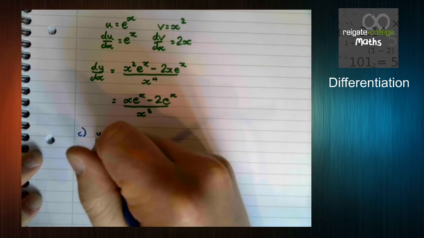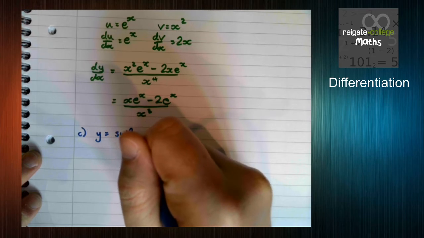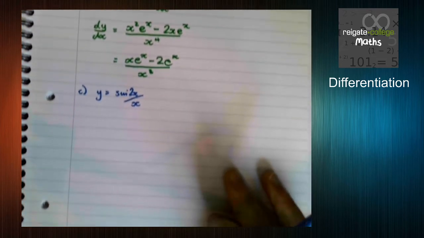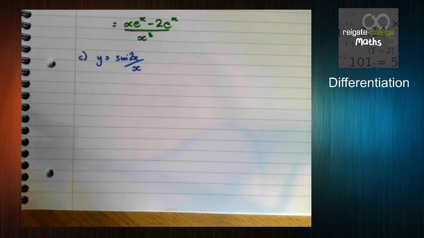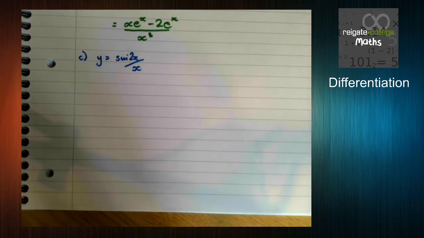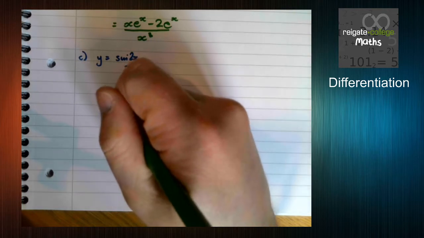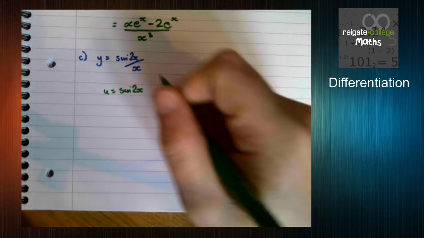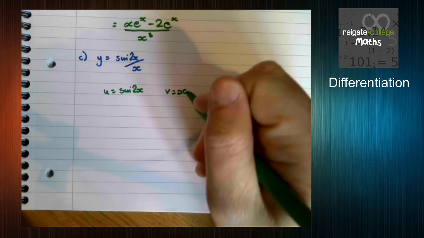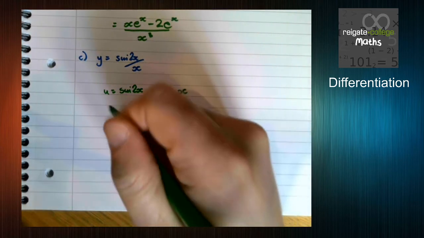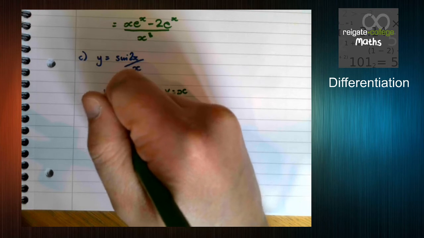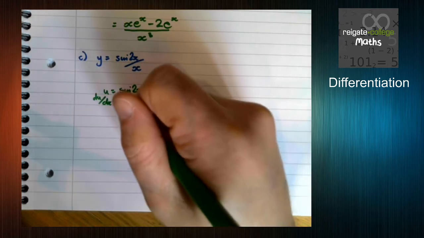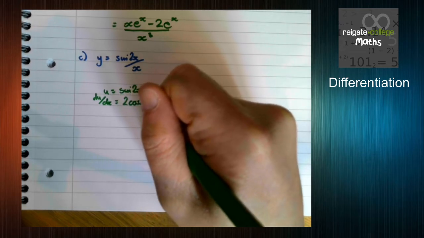we have y equals sine 2x over x. So like before, u equals sine 2x. So u is the numerator, v is the denominator. du by dx, differentiating this trig function, is 2 cos 2x.